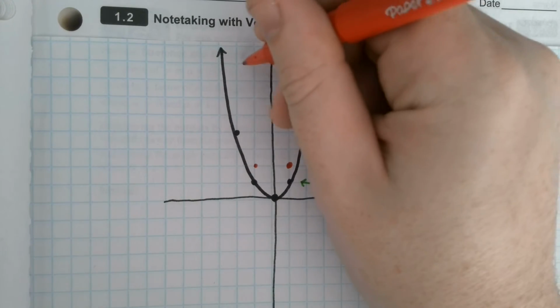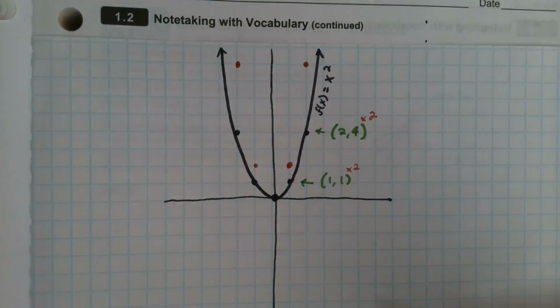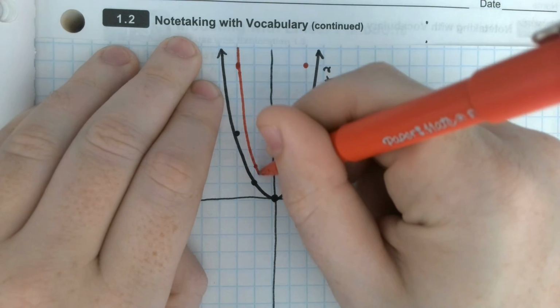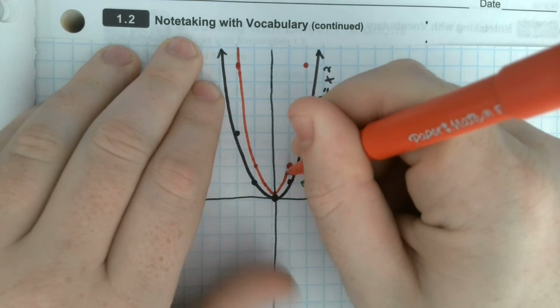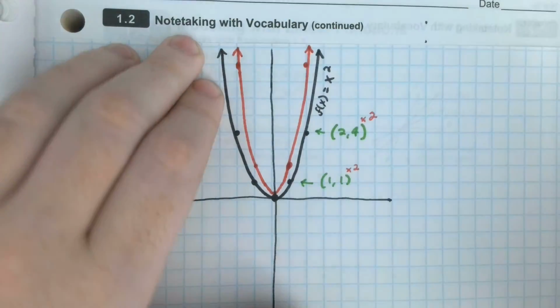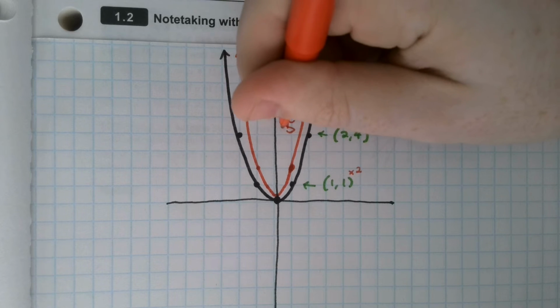If we draw the parabola now, we should notice a subtle shift. We notice that our parabola has gotten a little bit skinnier and a little bit taller. This is now the function, I'll use g.